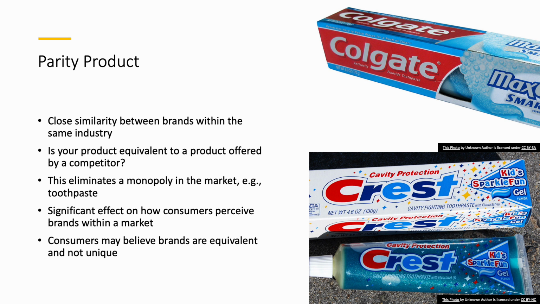The challenge is consumers may see all the brands as interchangeable, which makes differentiation even more important. So essentially, if you're in a market like the toothpaste industry, if you were to develop a new toothpaste brand, what would you do to make your brand stand out?